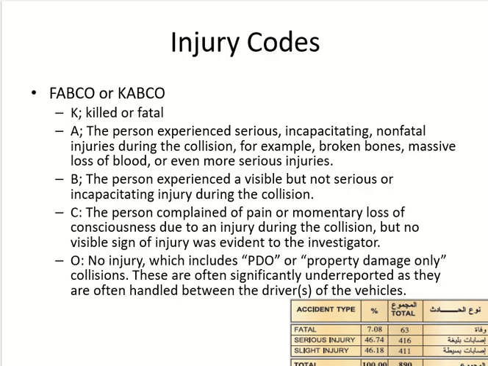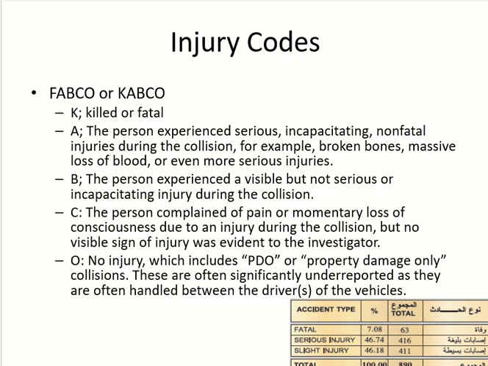For example, there were three people involved in the accident, and maybe one of them died. This accident will be called scale K or F. You will not say that it is K for this person but something else for that person. The whole accident is of the highest severity type.